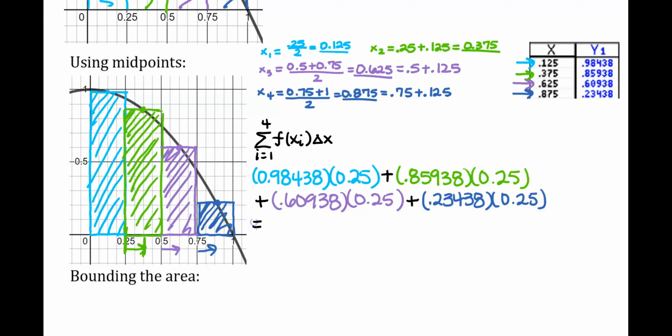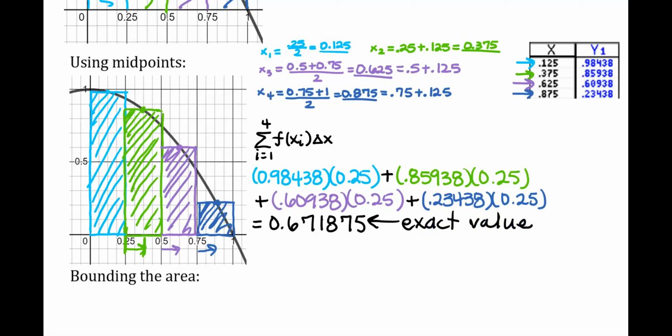And then I will evaluate this entire sum to get that the midpoint approximation of these rectangles is 0.671875.